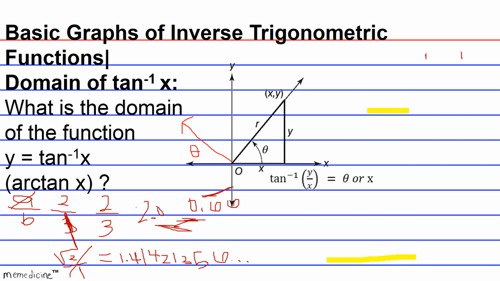But let's say your question stem wants to know not the principal angle or the reference angle in quadrant 1. It wants to know the equivalent in quadrant 2. And you're actually interested in this obtuse angle rather than the acute reference angle.